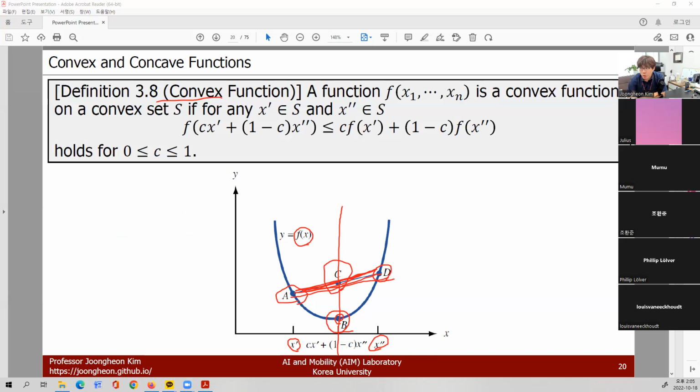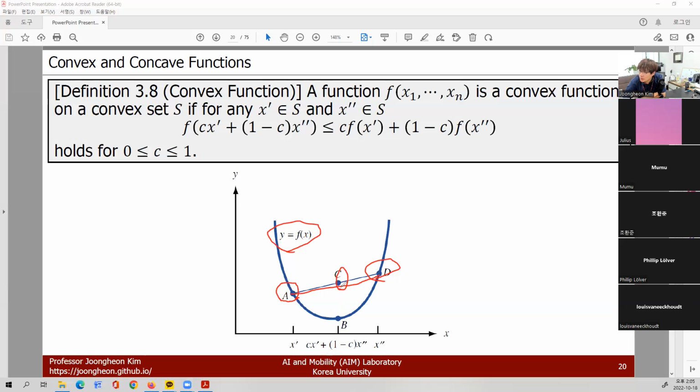Let me repeat one more time. Suppose that you have function f, and pick two points A and D. In this case, you can pick another point. Make a linear line AD here, and pick any point on top of AD.